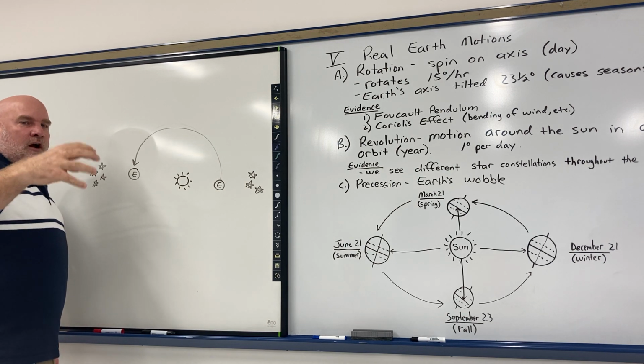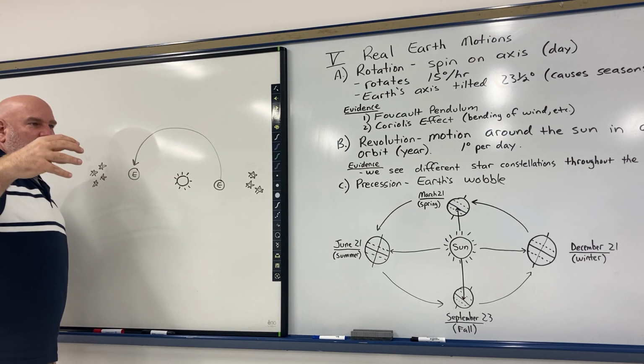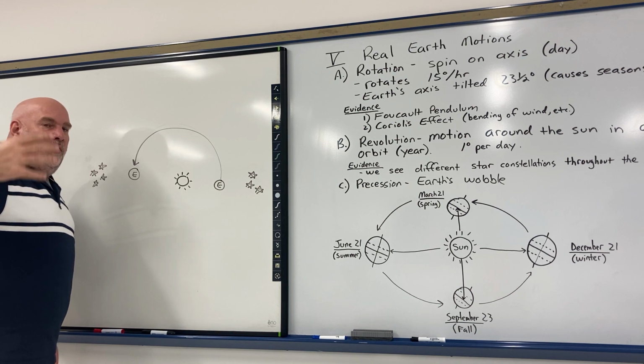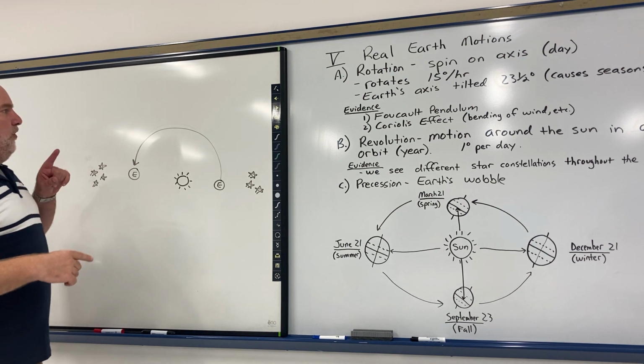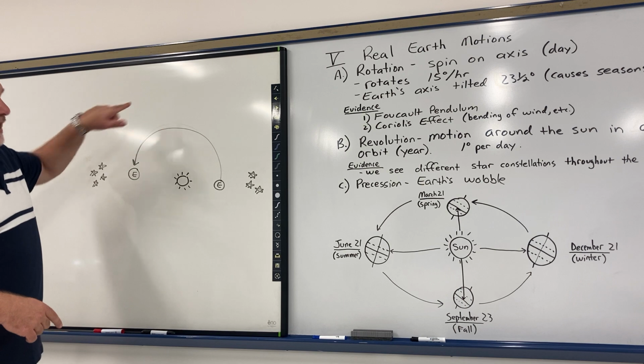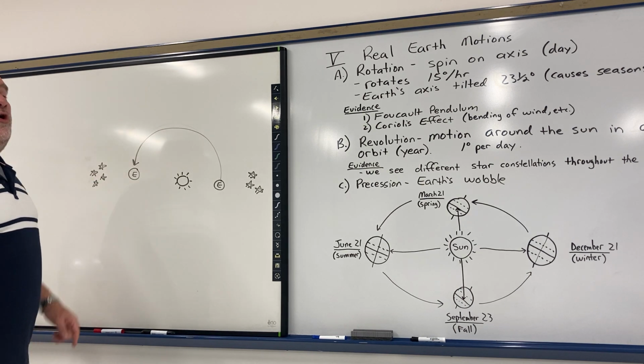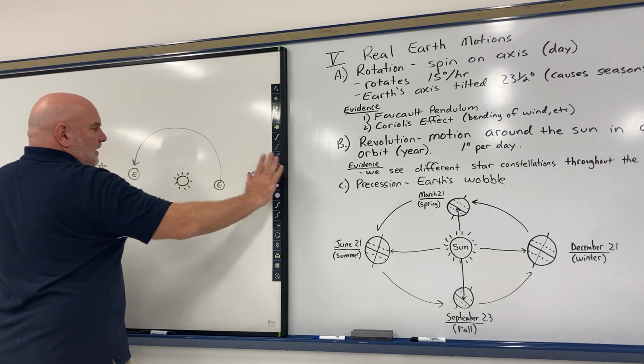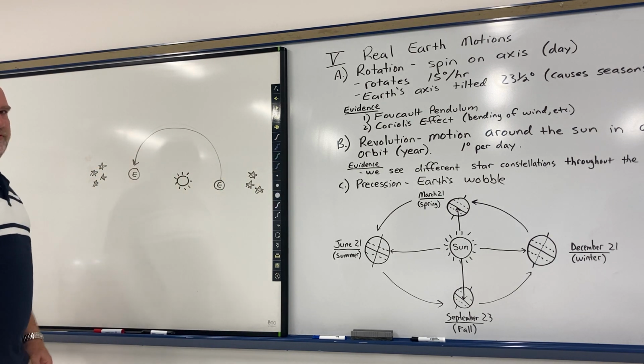There's also stars that are out here. That's where Polaris and the Big Dipper and stuff are. The ones that are out here are the ones you can see all year round, or the ones that would be like in the other room on the other side of the board would be the ones you can see all year round. It's the ones on this plane that you only see certain times of the year.